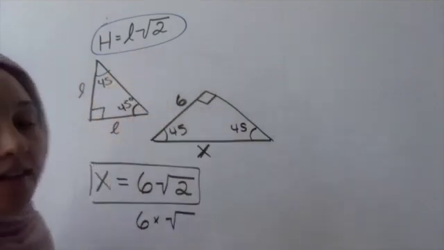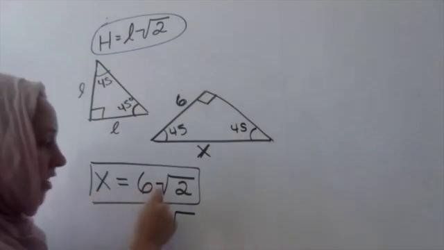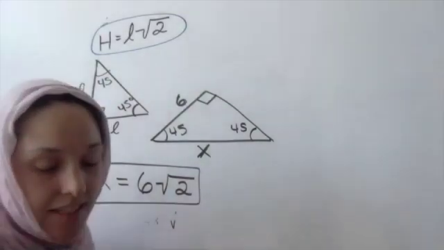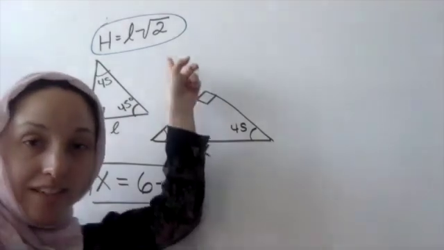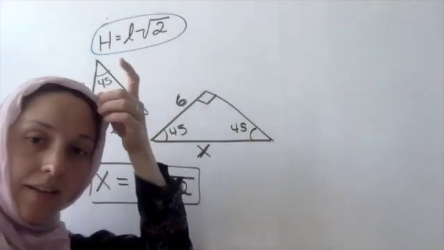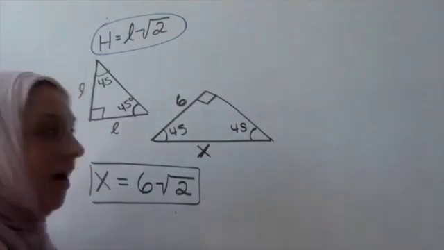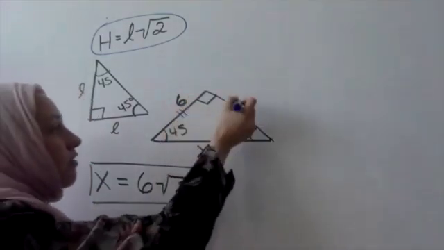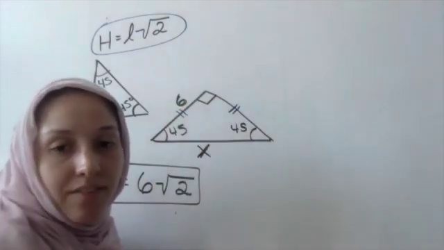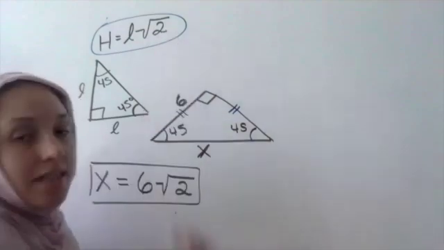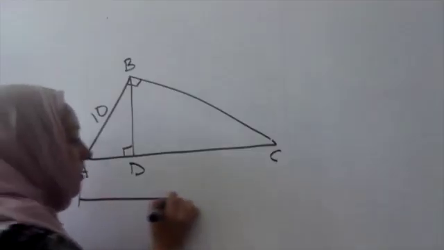It is 6. So that's how I got x equals 6 square root of 2. Please, for today's lesson, watch the videos, because the video explains how I got this equation. Miss, what did you do with the 45? The 45 tells us that this side is congruent to this one, and because of that, we can use this equation.